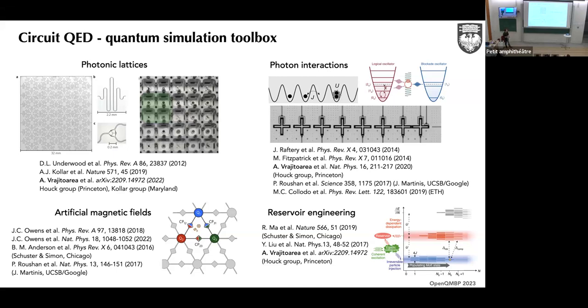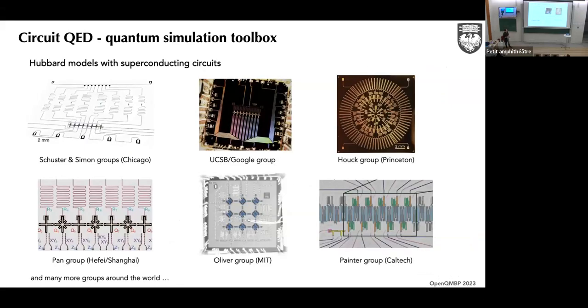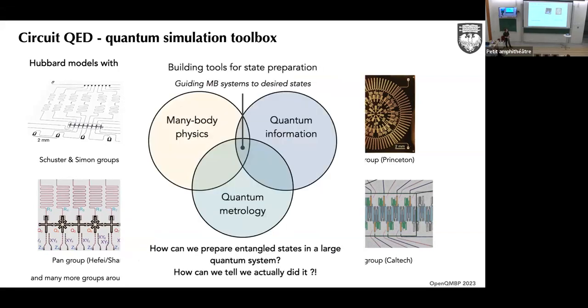And we can put all of these ingredients together, and there have been a lot of nice efforts in various groups where we've implemented Hubbard models with superconducting circuits. But as you put all of these ingredients together to reach your target Hamiltonian, that's just the beginning of the journey, really, because what you're equally interested in, and it actually is quite challenging, is how can you prepare entangled states in such a large quantum system, and how can you actually tell that you did it?